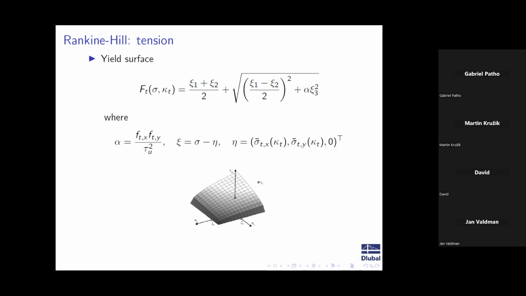Alpha is a ratio between the uniaxial strengths in x and y direction and tau u, which is the pure shear strength. In geotechnical analysis, you would call this value cohesion. So this accounts for the shear stress contribution to my overall yield surface.